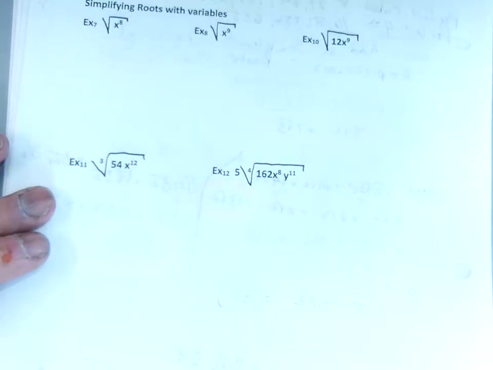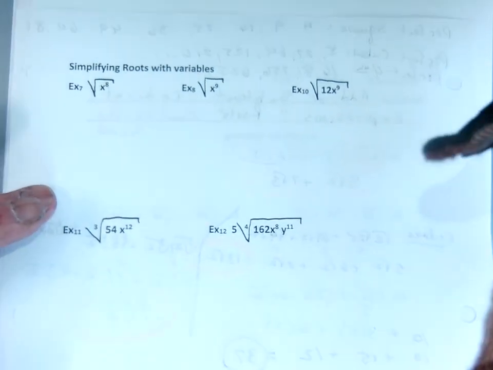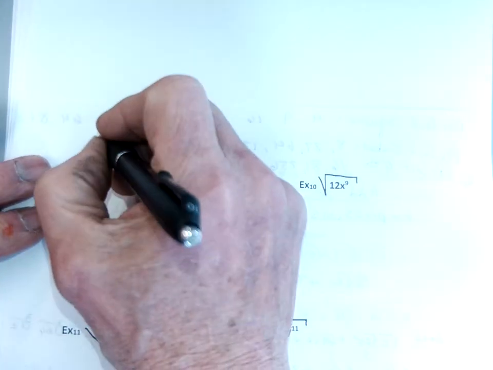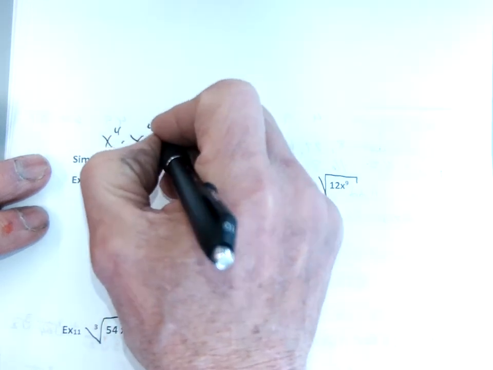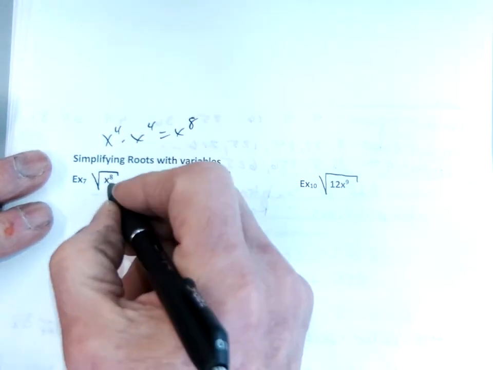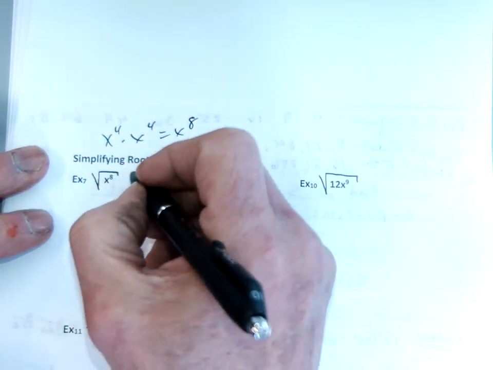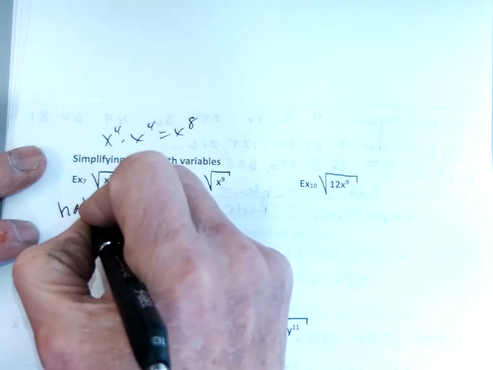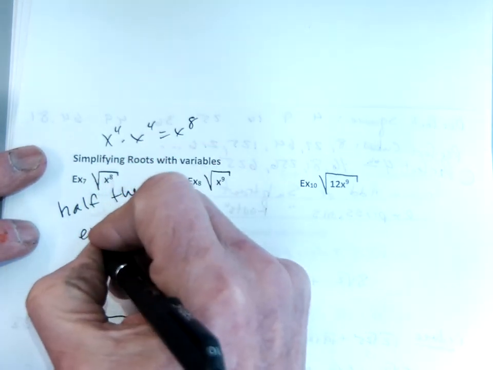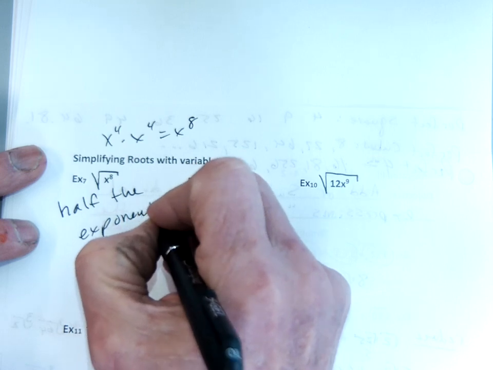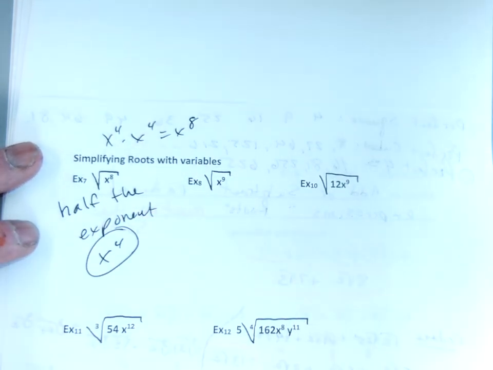Let's see what I got. Now, simplify roots with variables. Here's what I know. I know that x to the 4th times x to the 4th equals x to the 8th. So the square root of x to the 8th is just take half the exponent, and I get x to the 4th. Boom.